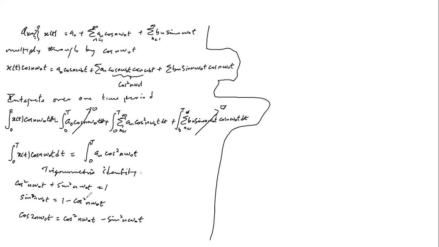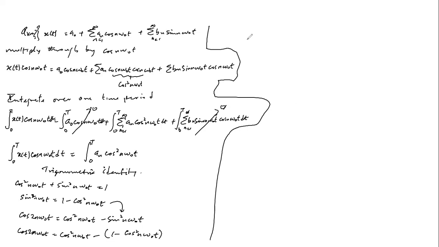Okay, so if we substitute for the sine squared component, if we plug this in, that will be cos 2n omega naught t is the same as cos squared n omega t minus, bracket, 1 minus cos squared n omega t.